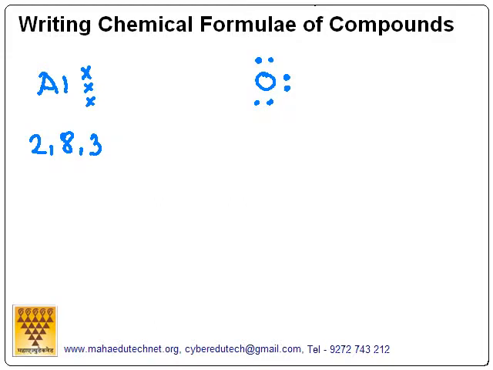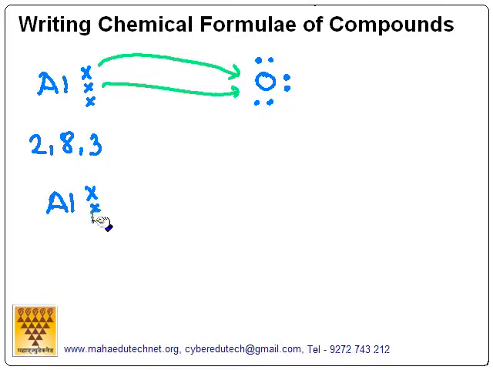Now this aluminium atom can give 2 of its electrons to the oxygen atom so that it completes its octet state, but this third electron cannot be accepted by oxygen.